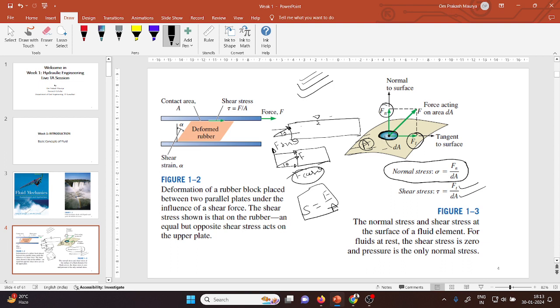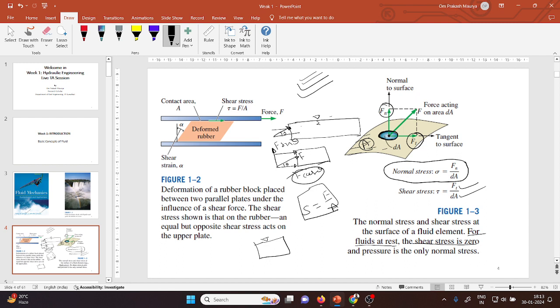Now here is a very important line: for a fluid at rest, the shear stress is zero. You always remember, if your fluid is in rest condition, the shear stress will be zero, because if your fluid has any amount of shear force, it will flow.